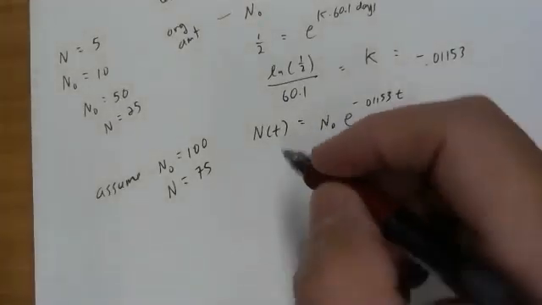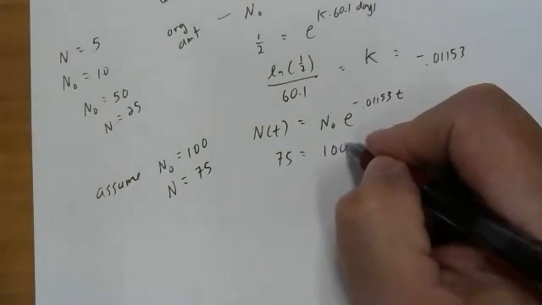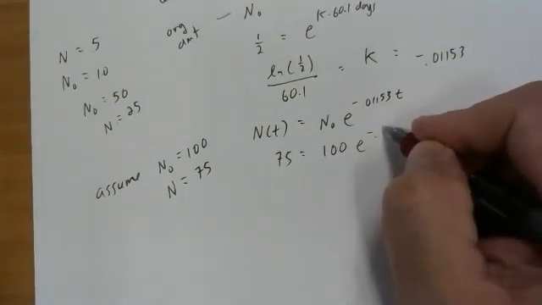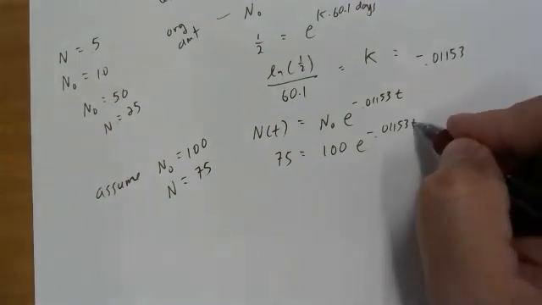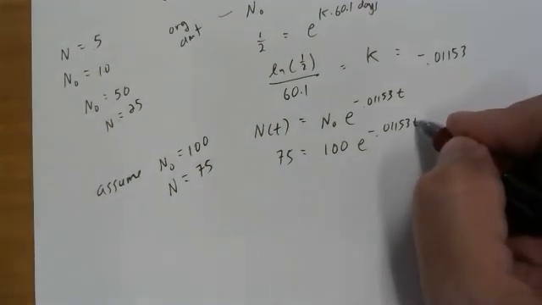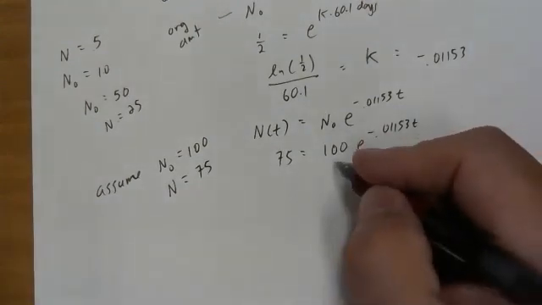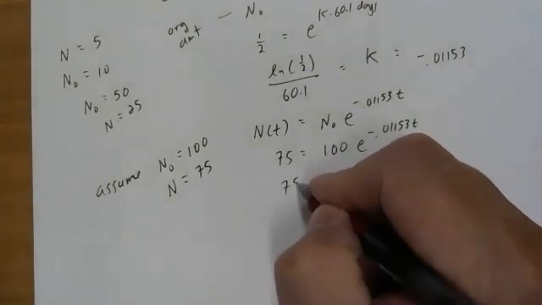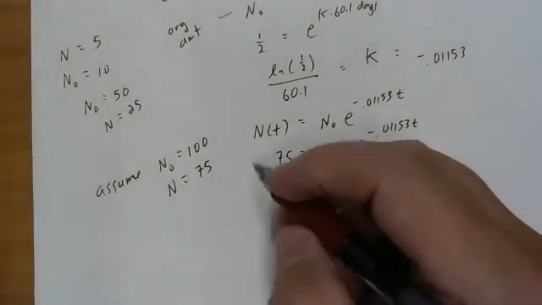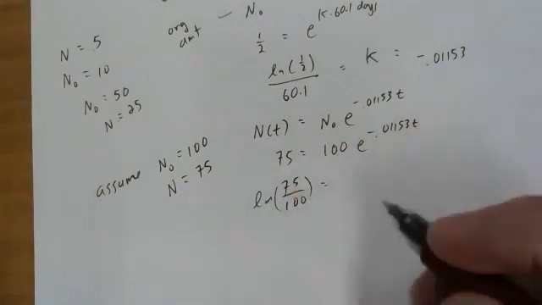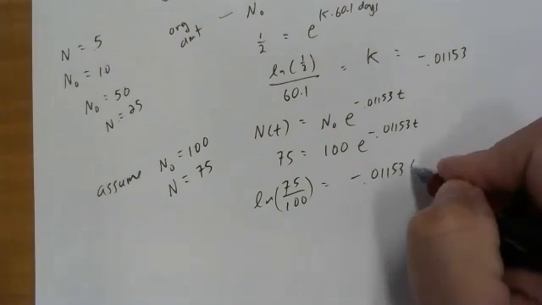So let's plug these numbers in. I'll put a 75 here and 100 here. Now, if I can solve for this time, this will be the time it took for it to decrease by 25%. Divide by 100, and of course, take the natural log of both sides. It was negative 0.01153 t.